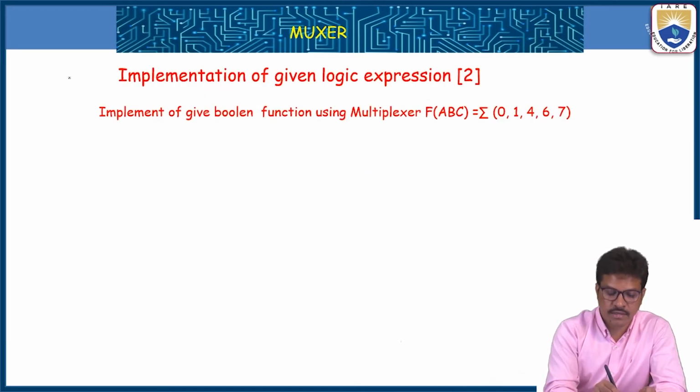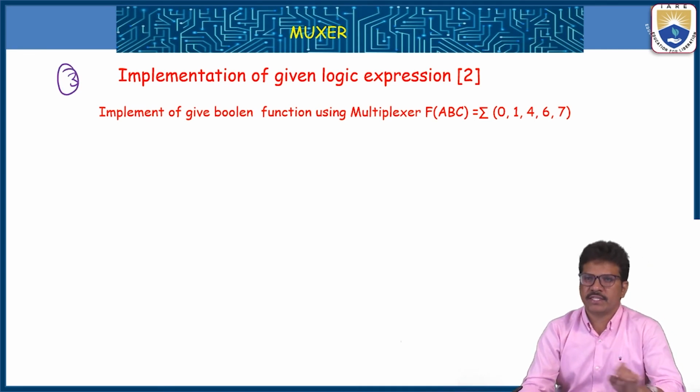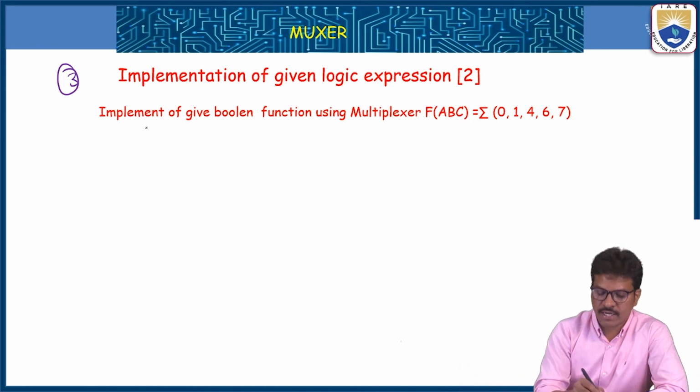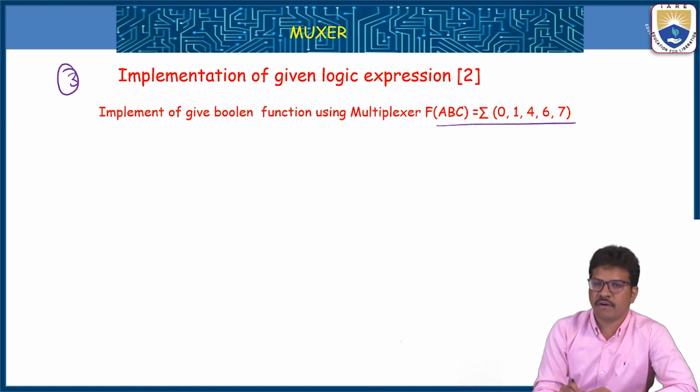The next way of using a multiplexer is implementing a given logic expression. Let us implement the given Boolean function, a 3 variable function: F of ABC is equal to sigma of 0, 1, 4, 6, 7.